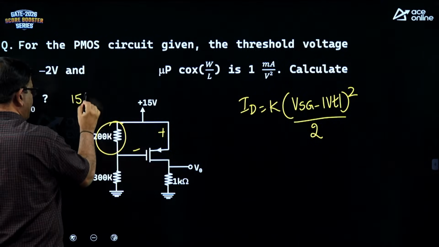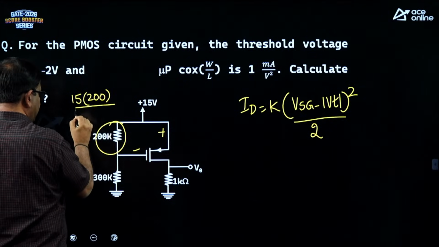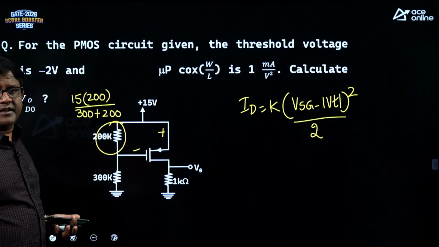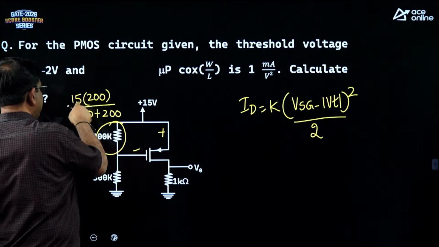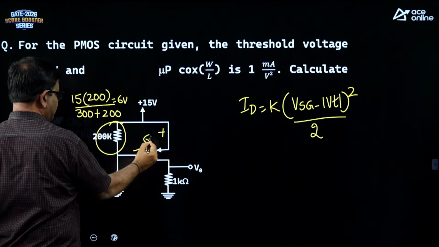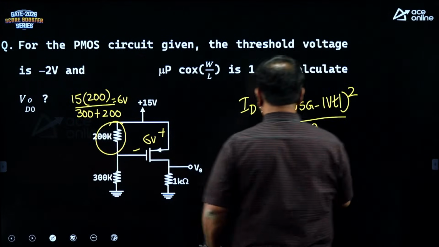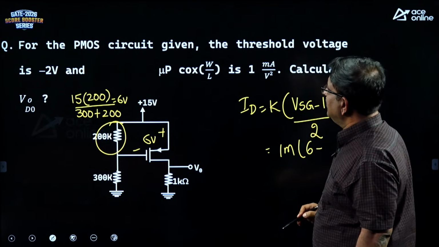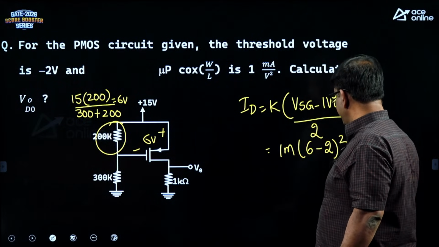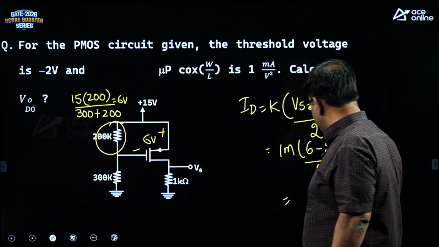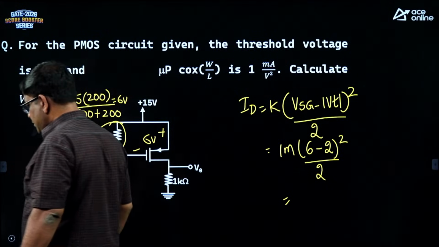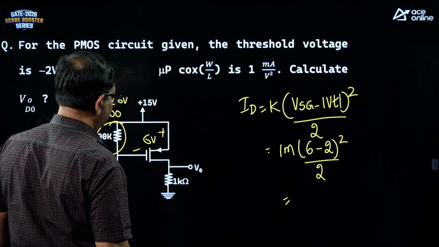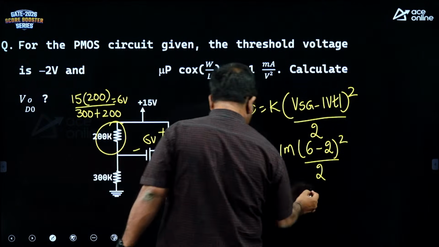It is 15 into 200 by 300 plus 200. So, 300 plus 200 is going to be 500, 5 3s are 15, it is 6 volts. So, there is 6 volts here. So, you can substitute here 1 milli, it is 6, Vt is 2 volt, whole square by 2. So, just do the calculation. 6 minus 2 is 4, 4 square 16, 16 by 2, 8 milli.